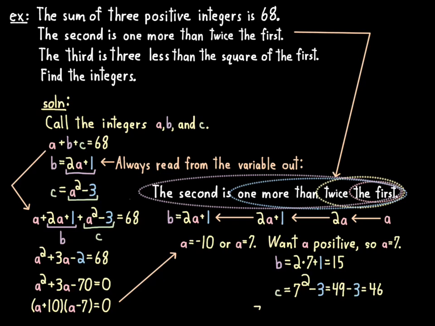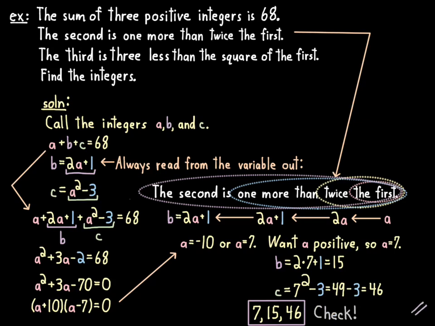So my numbers are, and you have to put them in order because they said first, second, third in the original instructions, right? 7, 15, 46. The fact that they're increasing in size is just a coincidence for this problem. Because they just said first, second, and third integers and gave some relationships between them, right?